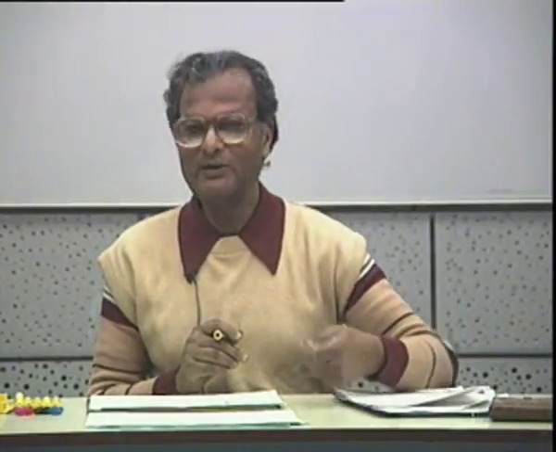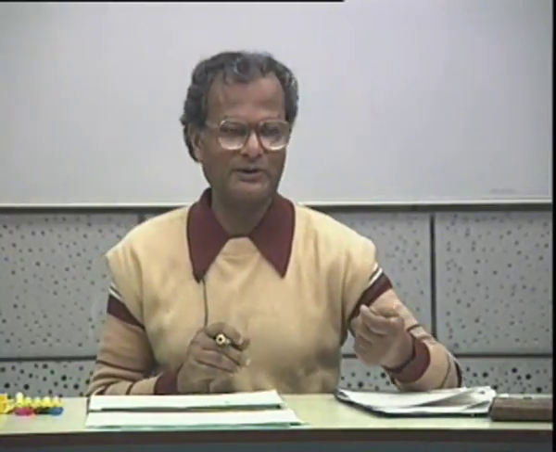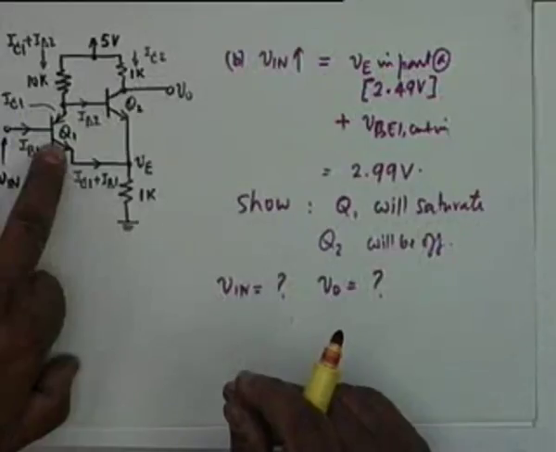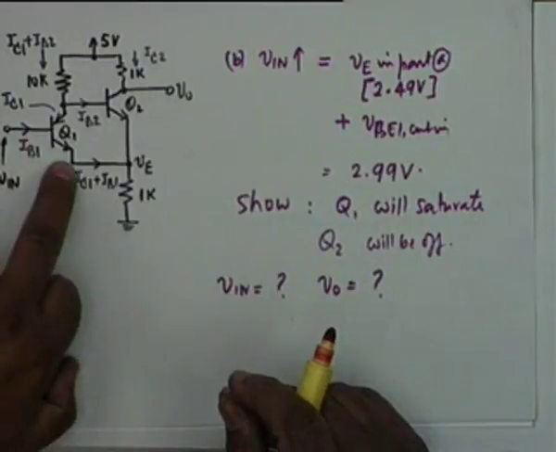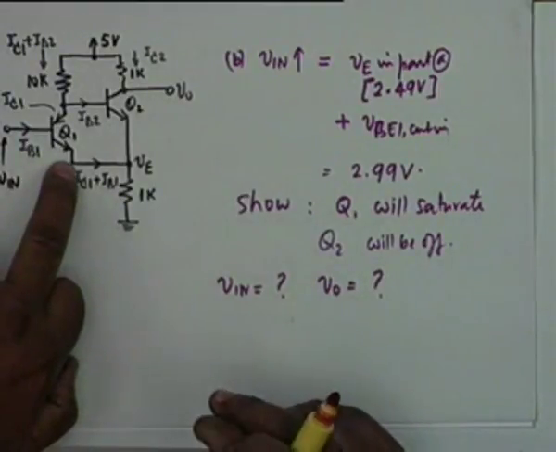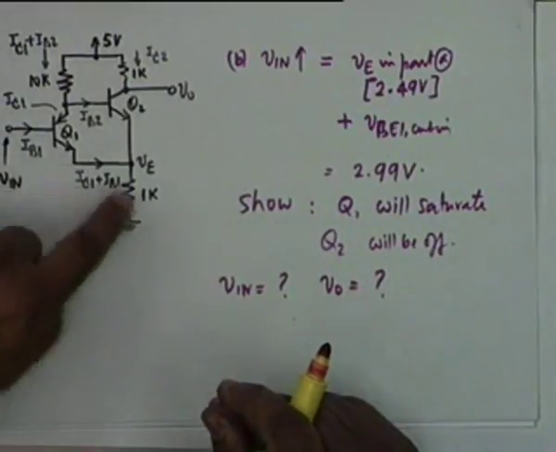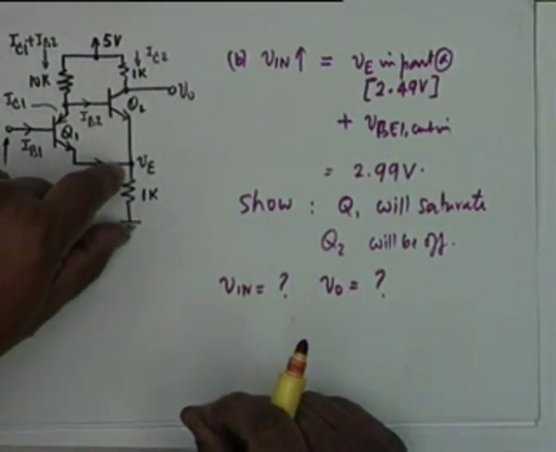Is the problem clear? In the previous case, in case A, Vin was 0. Now you are taking the Vin lead out of ground and connecting it to a voltage source and increasing the voltage. Obviously Q1 cannot conduct till the voltage VBE1 reaches cut-in, which means that Vin has to be the cut-in voltage plus whatever VE was.